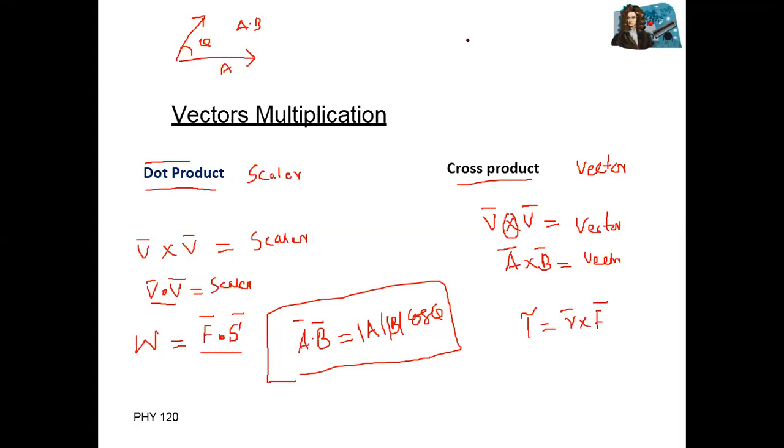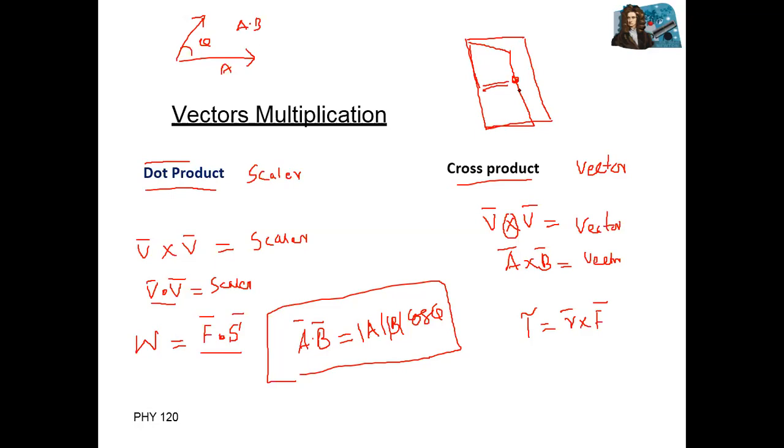For example, we have one door. Let's suppose this is a door. When you apply force here, let's suppose your force is straight, what will happen? This door will start circular motion.